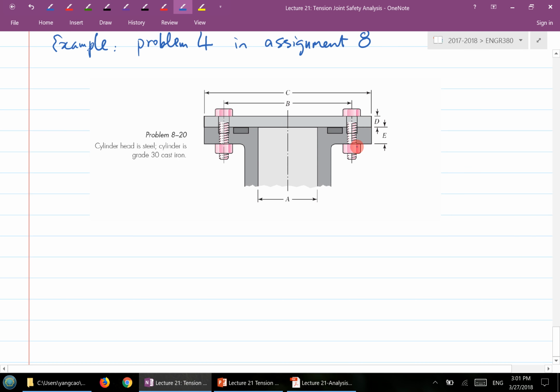The thickness of the first member is D, and the thickness of the second member is E. D is the same as E, which is 20 millimeter here. And the bolts used in this application are ISO 5.8 grade, and d is 12 millimeter coarse series.